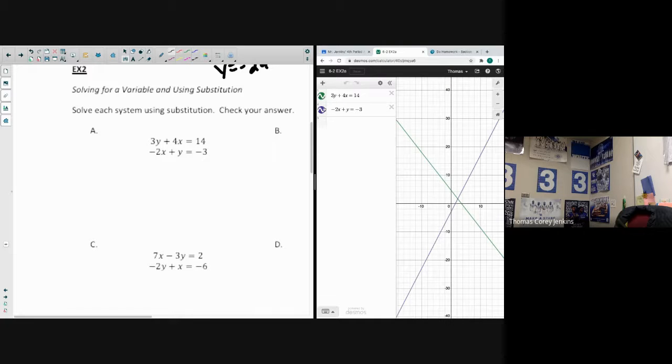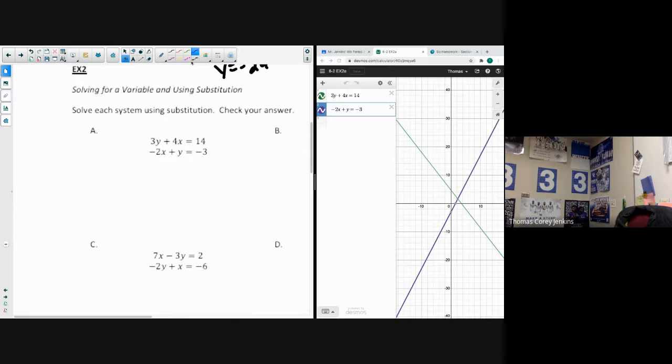And then we've got negative 2x plus y equals negative 3. On here, that's the purple line. I look there to tell what the color is, not that it really matters. Let's go ahead and figure out what our solution is. It looks like it's 2.3 comma 1.6.